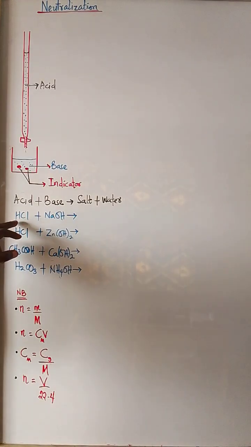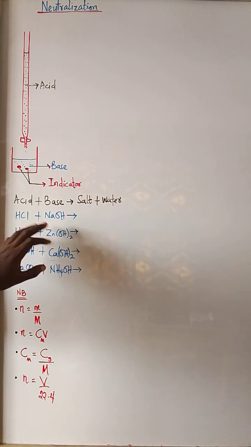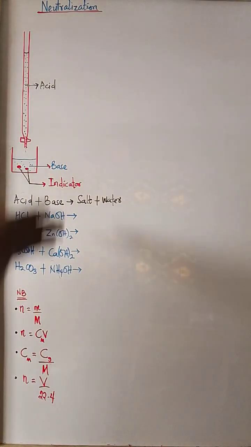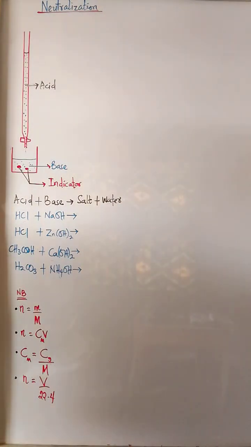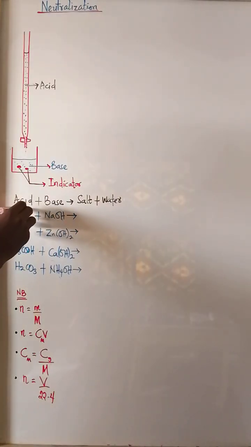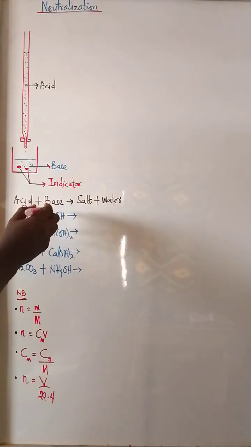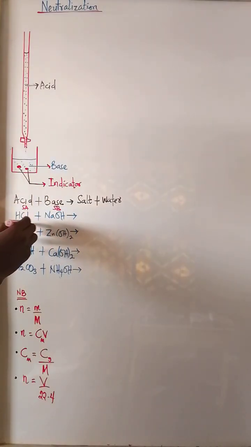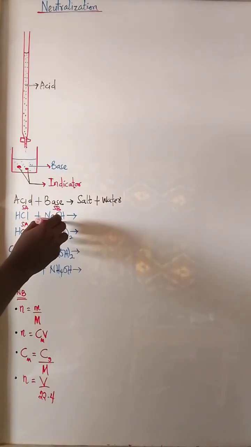For example, here this is an acid, this is a base. Acid, base. In each case, we are going to form salt and water. Before I extend this diagram, first note that HCl is a strong acid, while sodium hydroxide here is a strong base. This is a strong acid, while zinc hydroxide is a weak base.